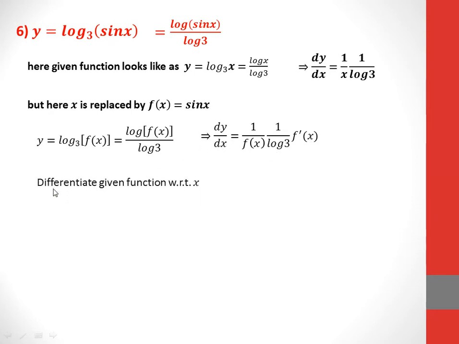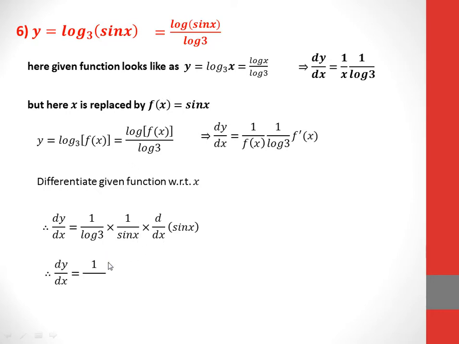Now if we differentiate the given function with respect to x, then dy by dx is equal to 1 upon log 3 into 1 upon sin x into d by dx of sin x, because in place of x there is sin x. So 1 upon log 3 as it is into 1 upon sin x into d by dx of sin x.